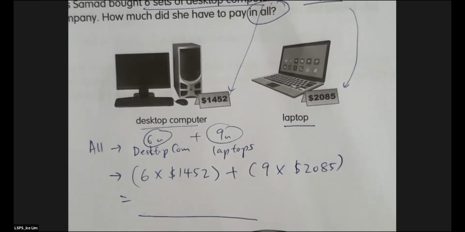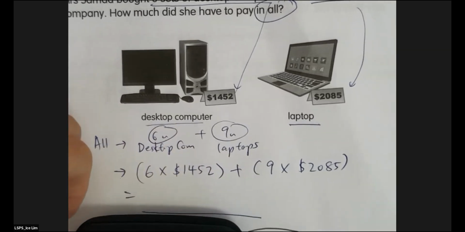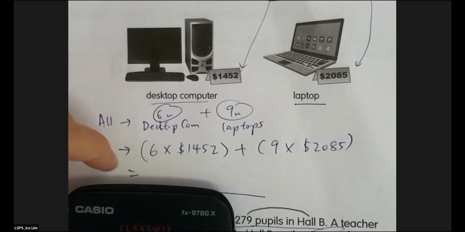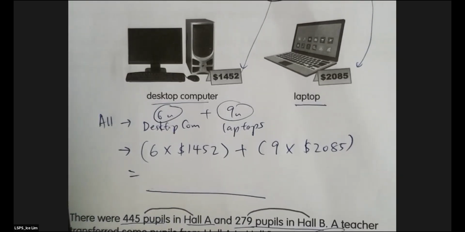Okay? You have a calculator? Yeah, need to be on task. Okay, press 6. In this case, even if I don't write the brackets, it will still work.